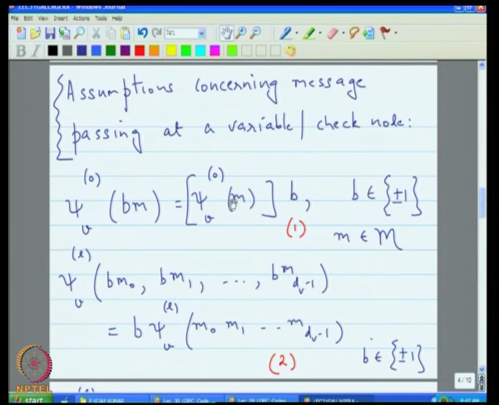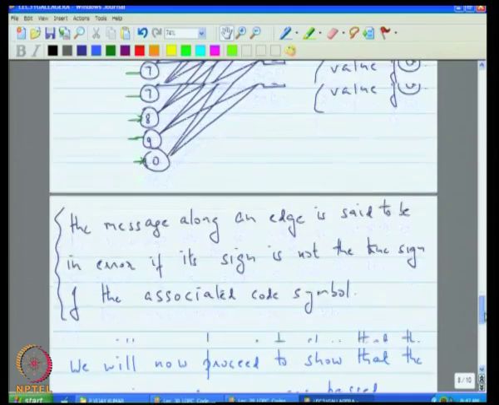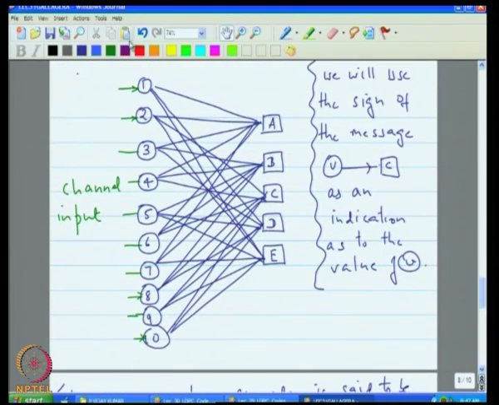If the incoming symbol changes sign, as it will, because if your code symbol changes sign, then your incoming message will also change sign, in which case the messages that are passed initially will actually change sign.